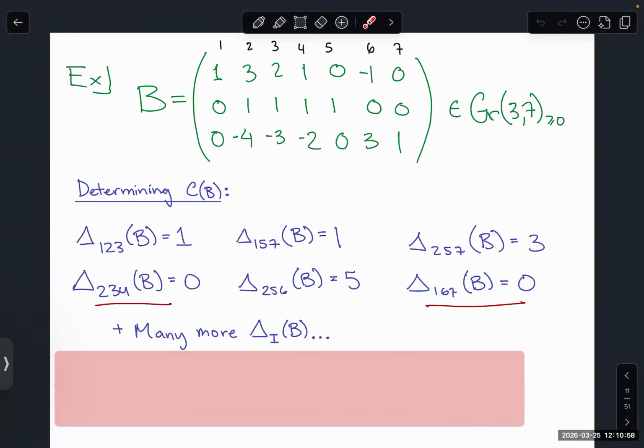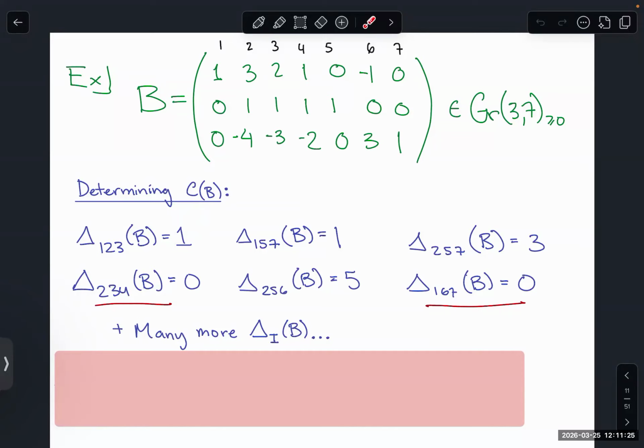Right. So as an example, we have this matrix B, which is a 3 by 7 matrix. I'm claiming that it lives in the totally non-negative Grassmannian, Gr(3,7). And if we wanted to determine what the column matroid or positroid corresponding to B is, you might naively start computing some of these maximal minors, right?